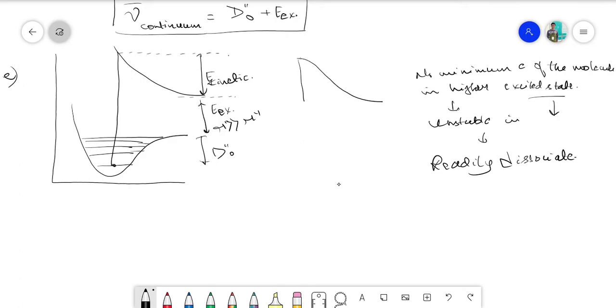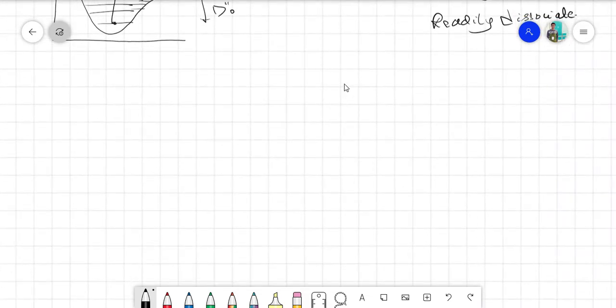Now, sometimes it can also happen that the molecule does not have energy higher than the dissociation energy, but still the molecule dissociates. What is that phenomenon known as?